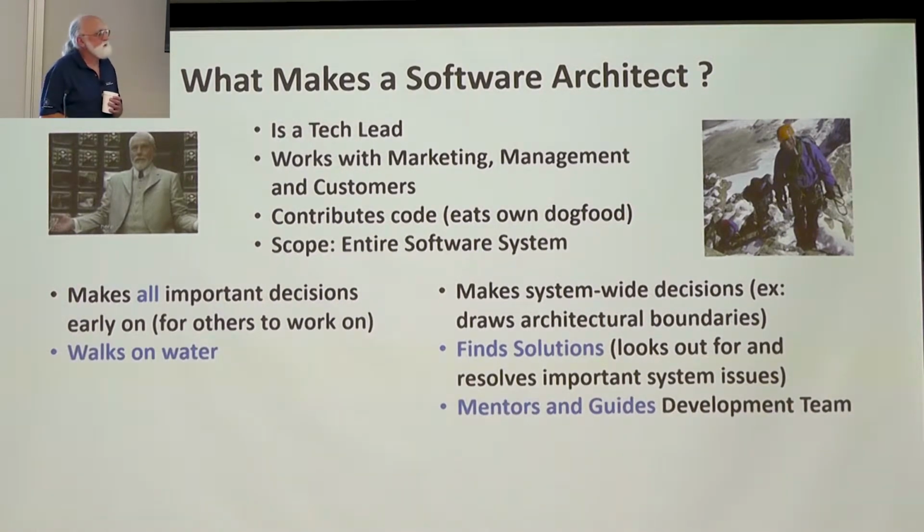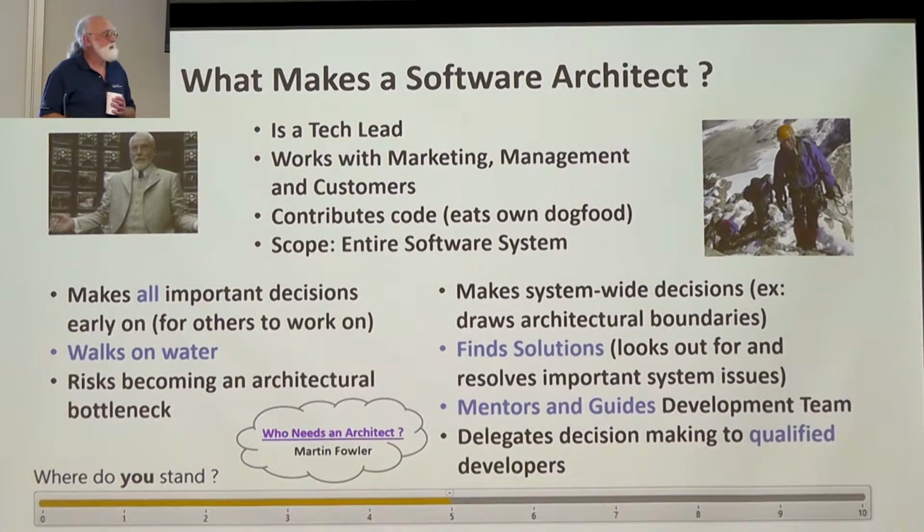The matrix architect is the most qualified on the team, and he needs to walk on water. Otherwise, the project is doomed if the architects make decisions. On the other side, the Sherpa guy mentors and guides the development team.